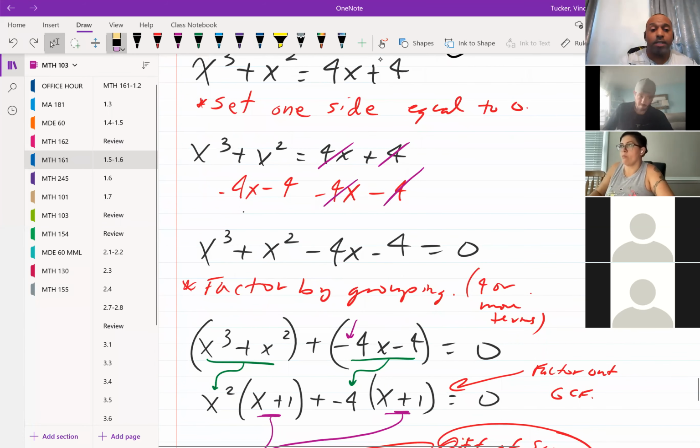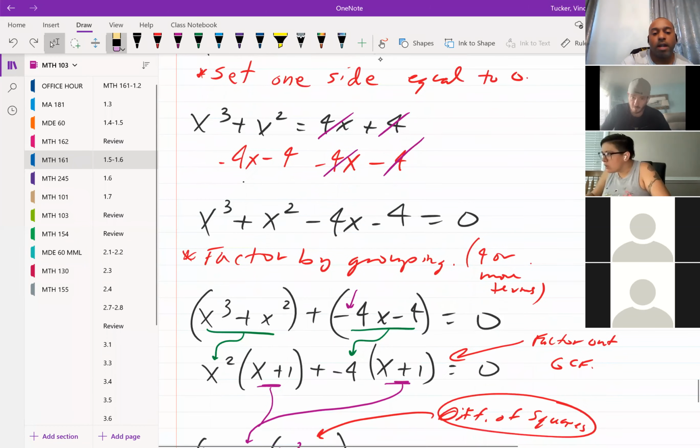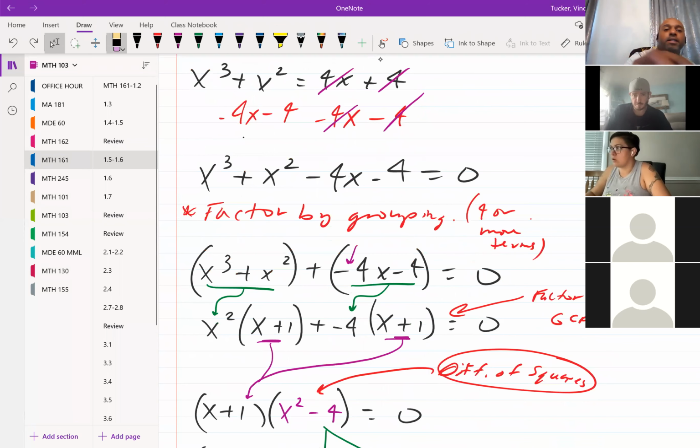So I factor out my GCF out of each set of parentheses. I pulled x squared out of the first one, leaving me with x plus 1, and pulled negative 4 out of the second one, leaving me with x plus 1. Now that I have x plus 1 in common with both quantities, I can pull that to the outside, and I'm left with x squared minus 4.